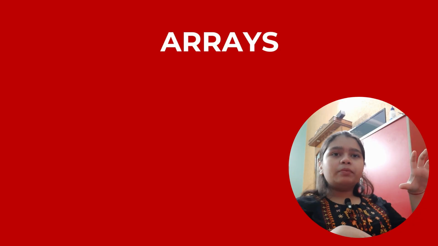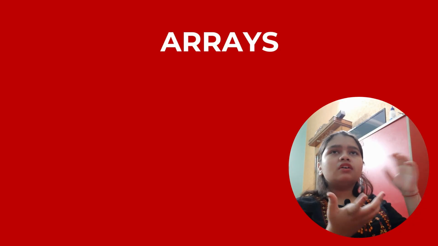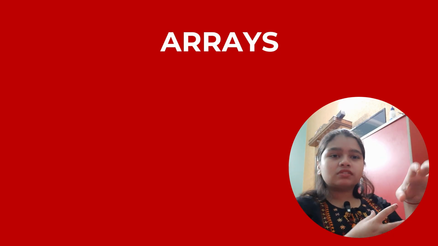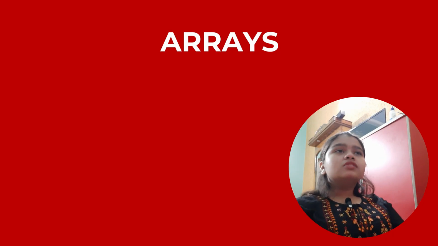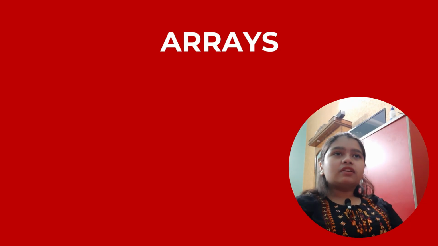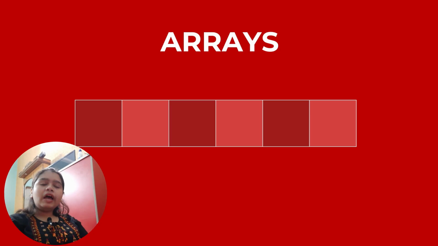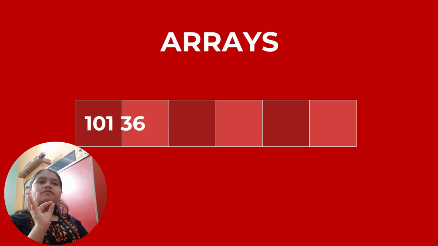Now have you seen a row of lockers in American schools or maybe British schools? I don't know, American maybe. They have lockers where children go and keep their books and copies, I guess. Over here it's the same thing. You have a row of lockers and you have certain values in them.